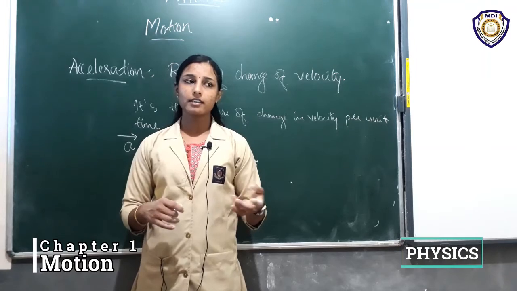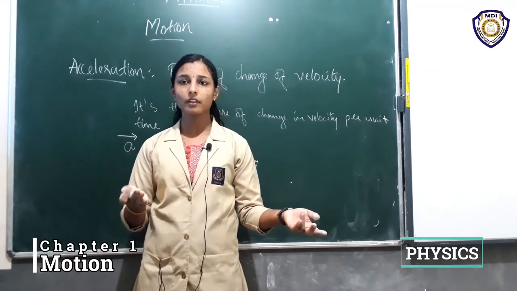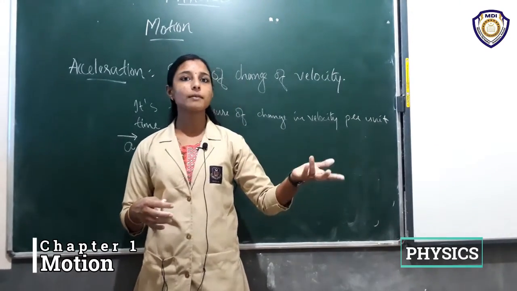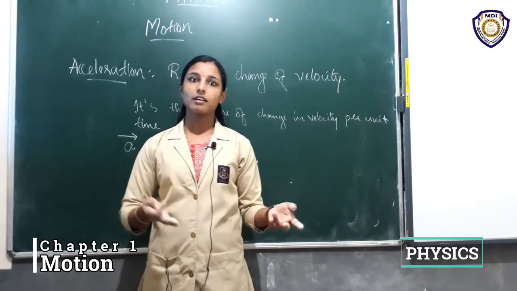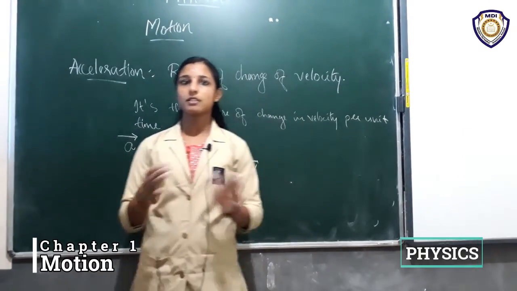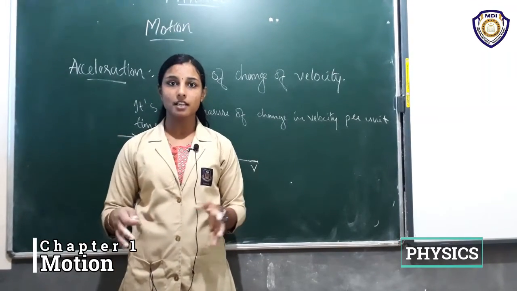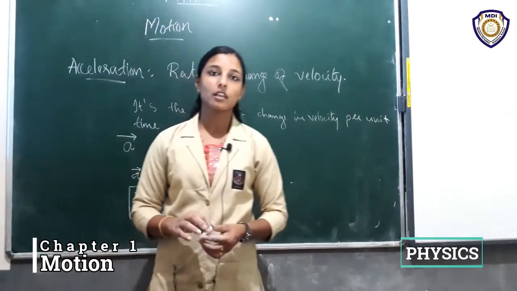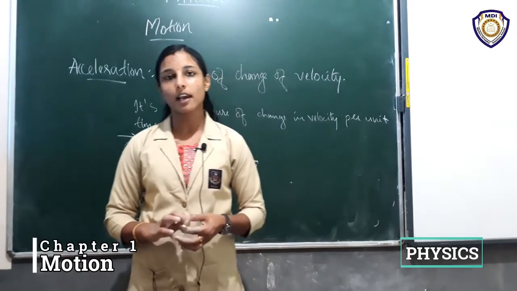If there is traffic, the velocity decreases. If there is no traffic, it can move faster, so the velocity increases. Speed and velocity are equal if the displacement and distance are the same, right? So we can say it just like that. Okay, so this is an example of non-uniformly accelerated motion, right?